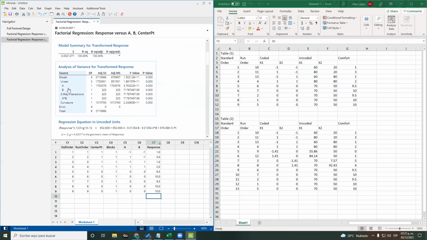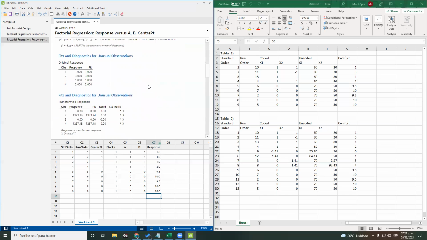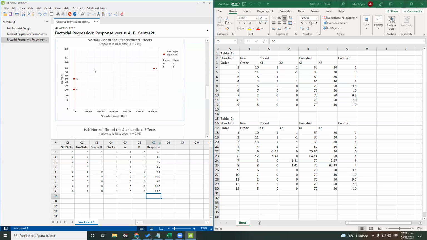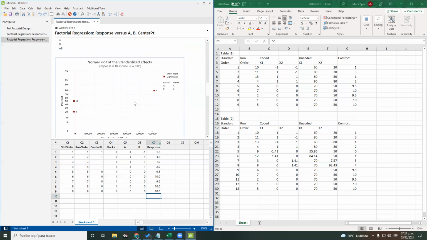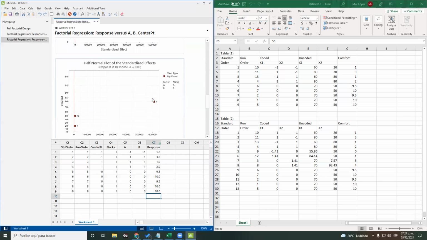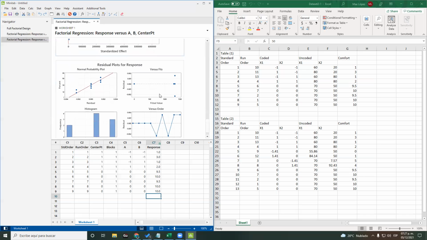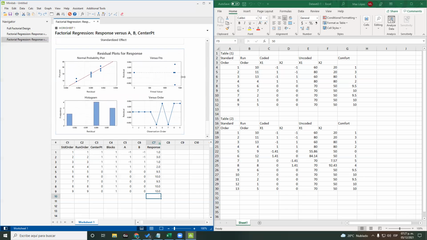And now all of our factors, A and B, are significant. We can see that as well in the normal probability plot and the half normal. The Pareto plot shows the same, but we have no improvement in the normal probability plot or in the randomization of the data.